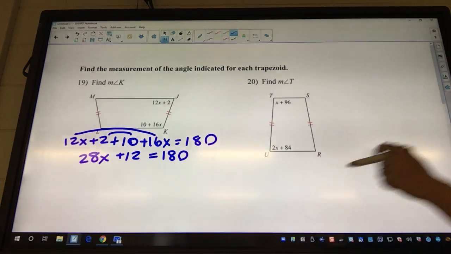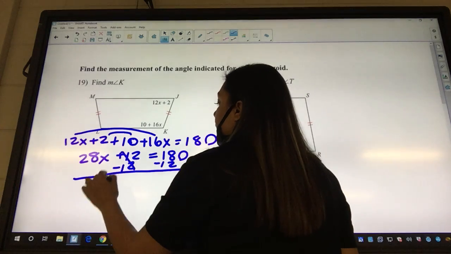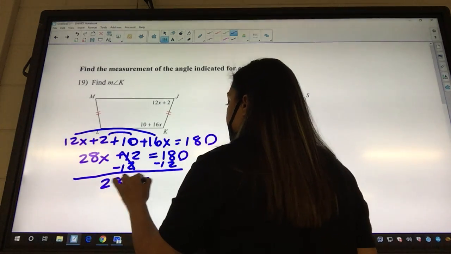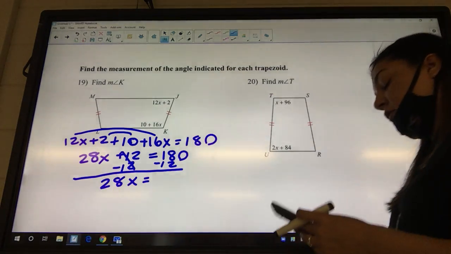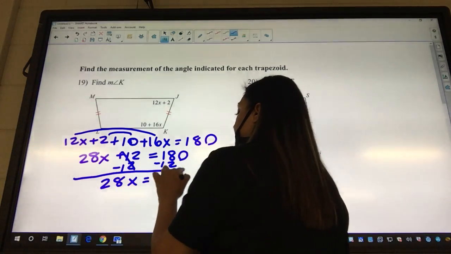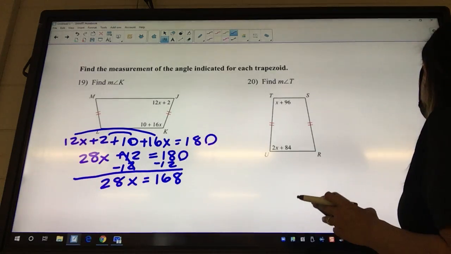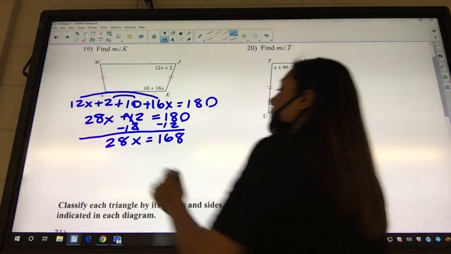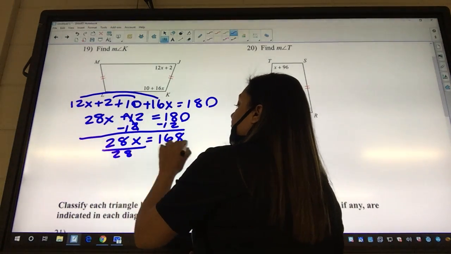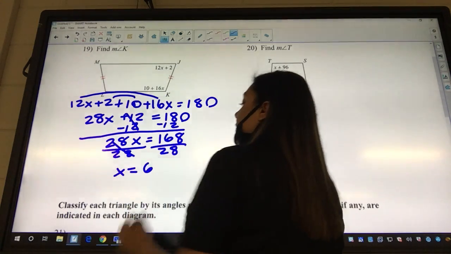Minus 12 from both sides. So I got 28x equals, and 180 minus 12 is 168. So 28x equals 168. Divide by 28. I got x equals 6.